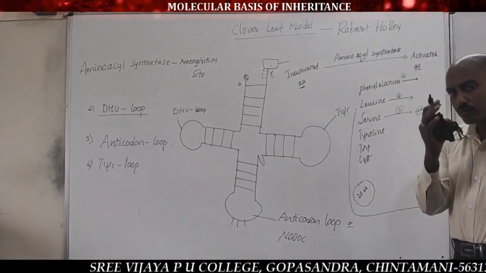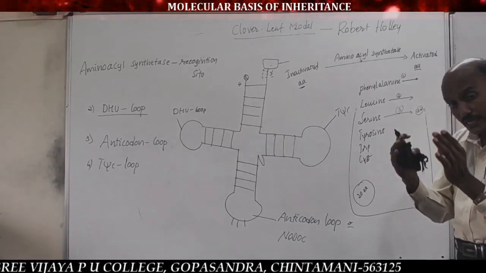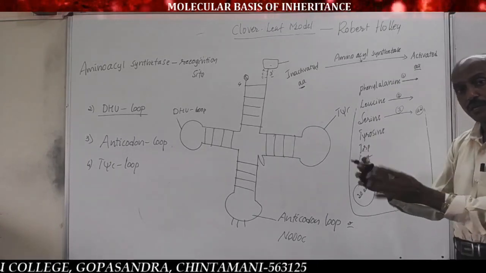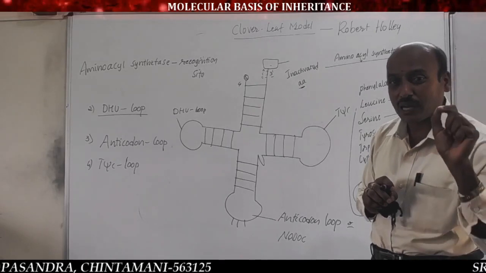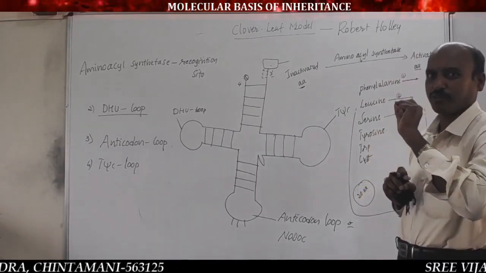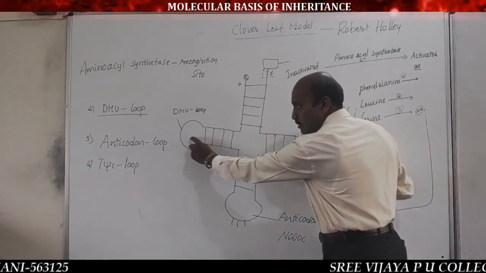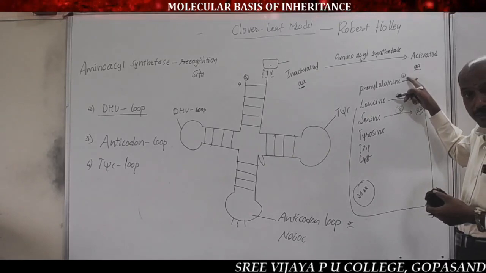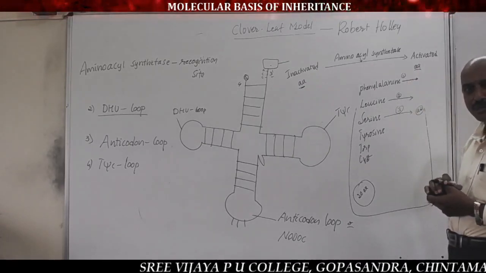There are 20 amino acid synthetase enzymes necessary for conversion of 20 different types of inactivated amino acids. So, here the function of the DHU loop, you must remember, is to recognize the specific amino acid synthetase enzyme. Do you remember the statement?